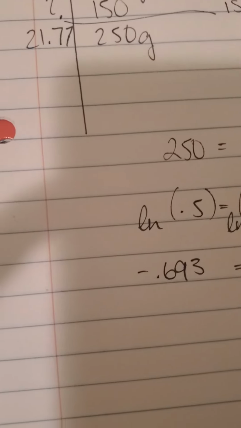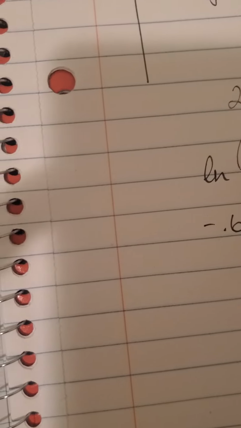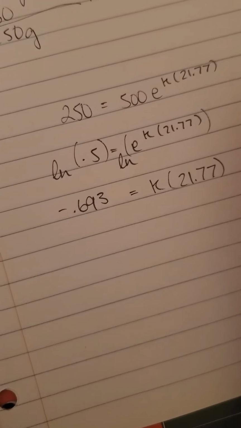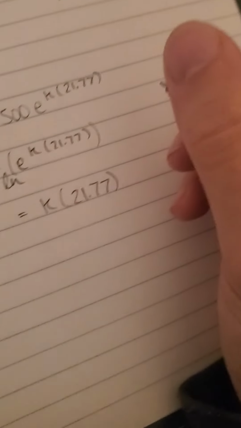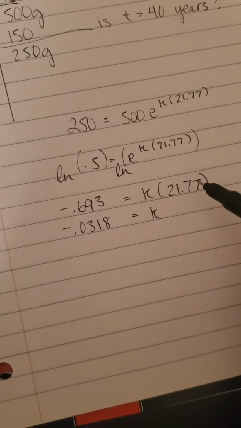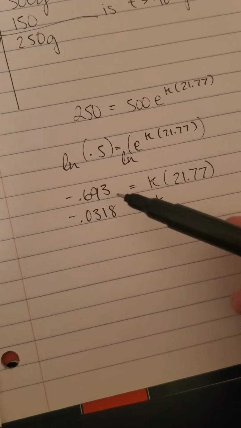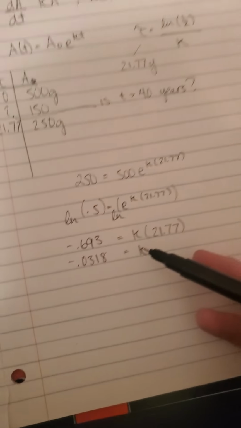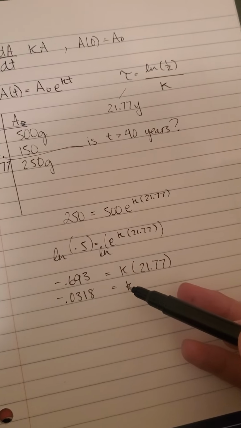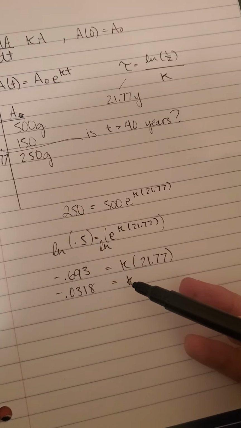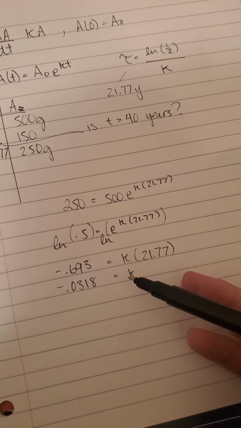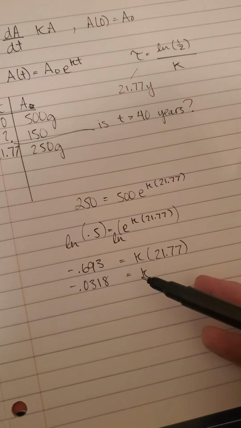So we get K times 21.77. And then we're just going to divide that side by that. This is what we get for K, which is, so now let's just plug in.